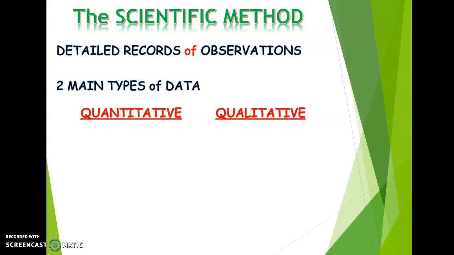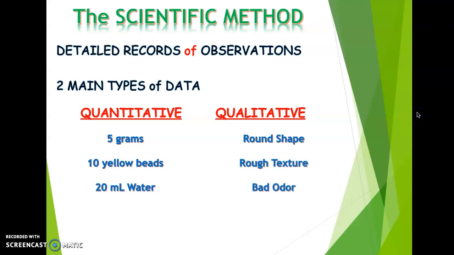Quantitative is the one that most of you know about. If I'm talking about quantitative data, I'm talking about something that is measurable, that can have a number applied to it, such as 5 grams of something, or 10 yellow beads, or 20 milliliters of water. On the other hand, we have qualitative data. Okay, these are things that do not have numbers assigned to them.